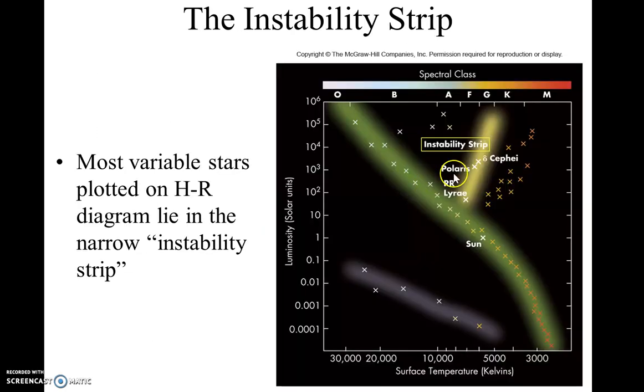All right. Now, what's important about these variable stars? It turns out that they are used to measure distance. Right. And we can even use these to measure galactic distances. Okay.